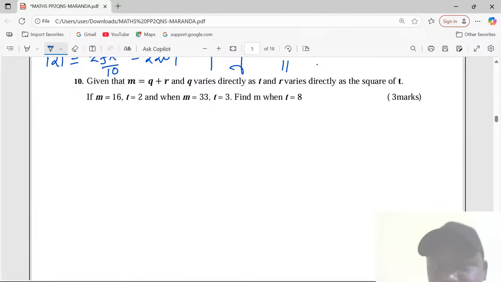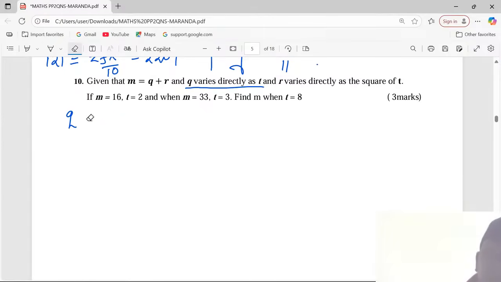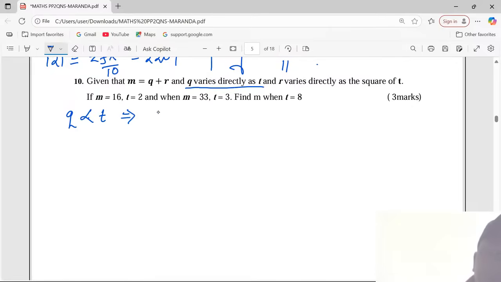This is partial variations. We are being told that Q varies directly as T, implying that we can have Q equals a constant times T. Then again, R varies directly as the square of T, implying that R equals a different constant times T squared.